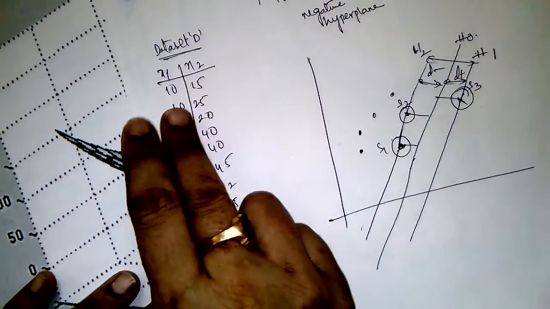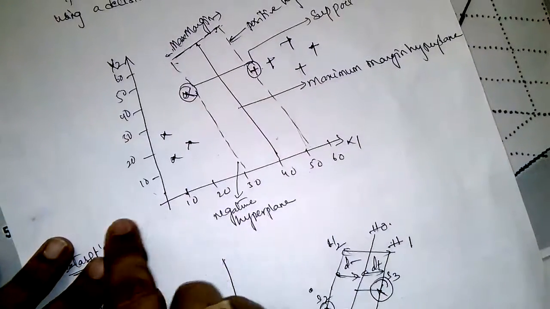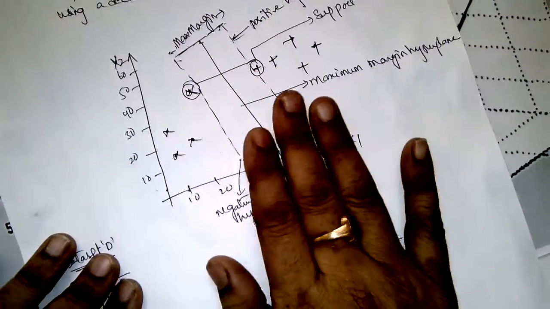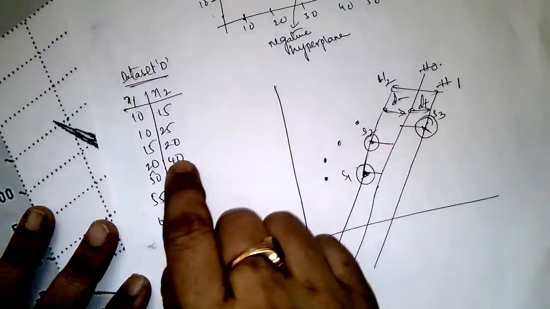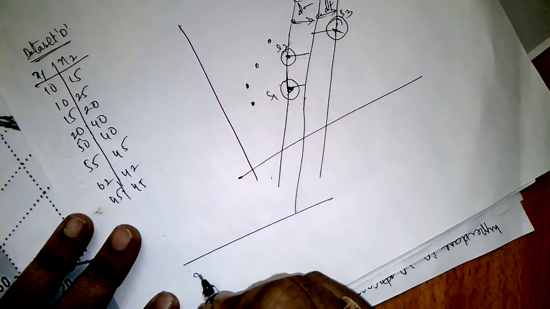So I am using two-dimensional space here, and we plot the data in that two-dimensional area. If I was using only one dimension, x1, then we would represent it in a single dimension, x1.